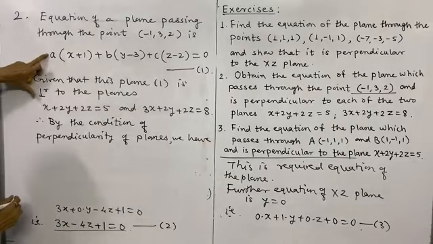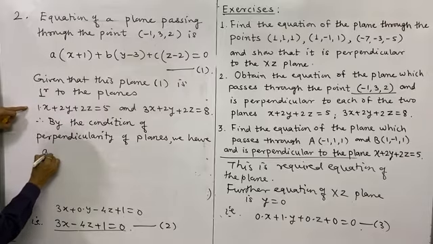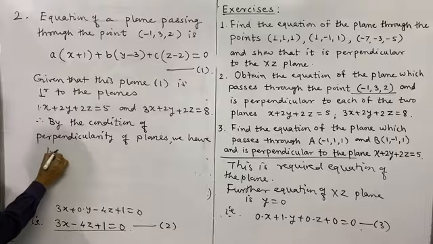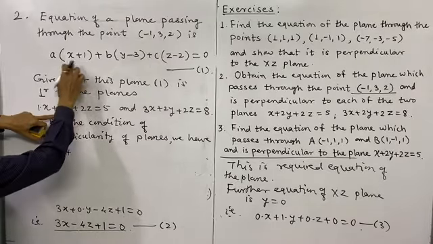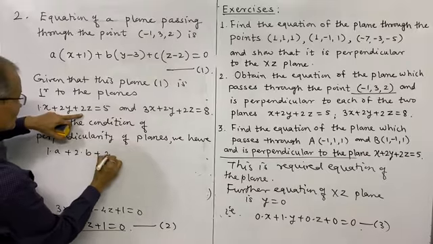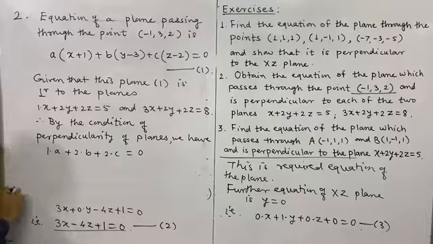1 into A plus 2 into B plus 2 into C is equal to 0. This is the perpendicular condition between these two planes.